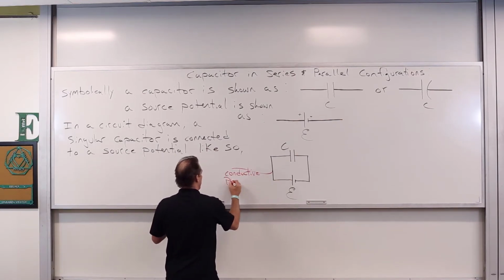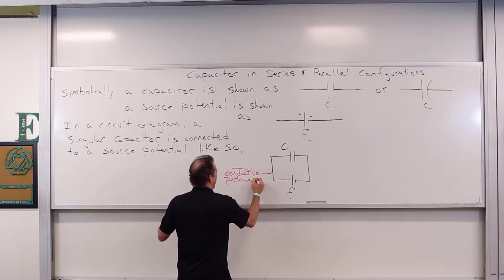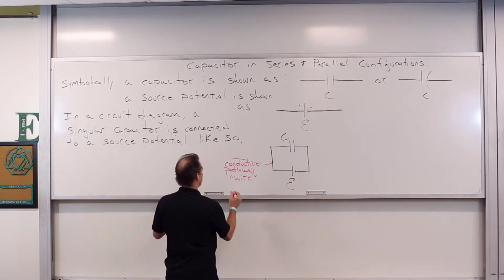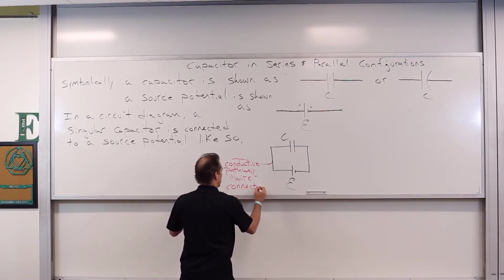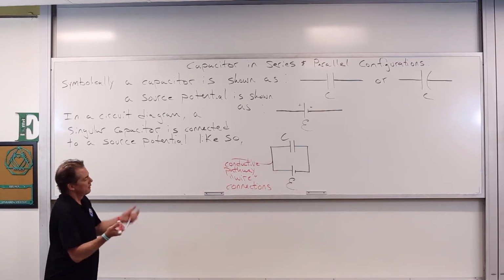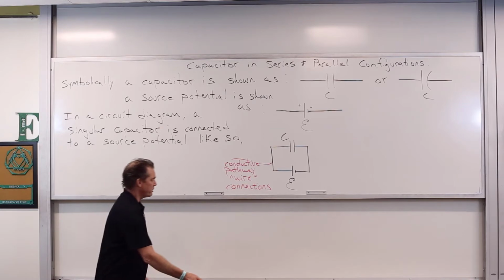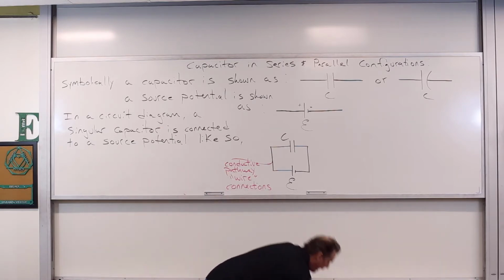Conductive pathway, wire connections. That's it. We've got a single capacitor, the source potential, and what do we have?